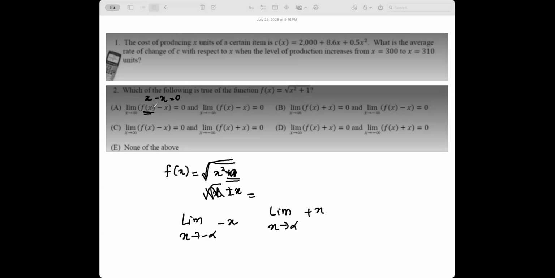But here x plus x will not be equal to 0. So both of these are gone. However, this can be true or this can be true, right? Let's analyze the second one. Limit extending to minus infinity. Then that f of x will be minus x. You see, this will be minus x plus x, which is 0, which is correct. This is correct, this is incorrect. Make sense? Yeah. So the answer is C.